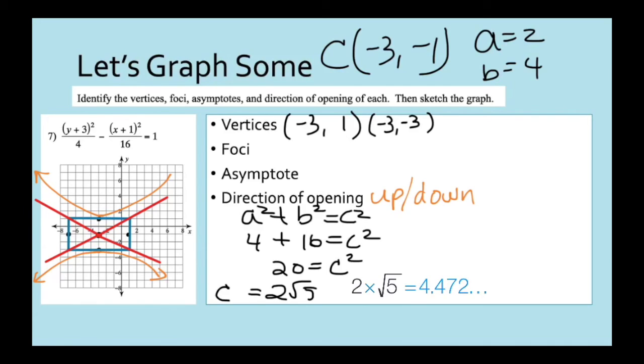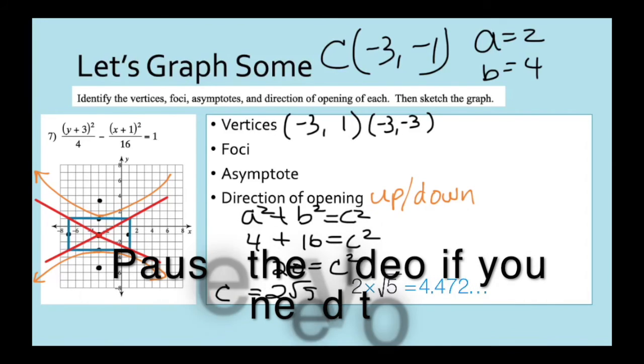Remember, that's 4.5 from the center. So we're going to come up 1, 2, 3, 4.5. And we're going to come down 1, 2, 3, 4.5. Let's find those ordered pairs. So we started off at -3.